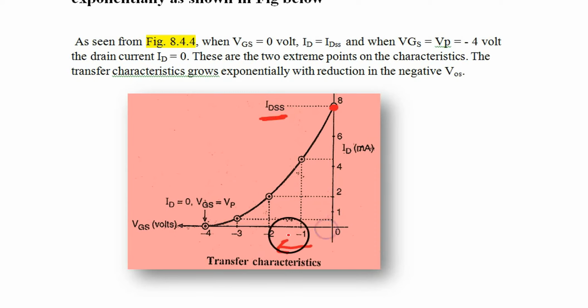When you are making the gate more and more negative, what happens? The drain current starts decreasing like this. Ultimately, at a certain gate source voltage, the drain current totally becomes 0. That is called again the pinch off voltage.